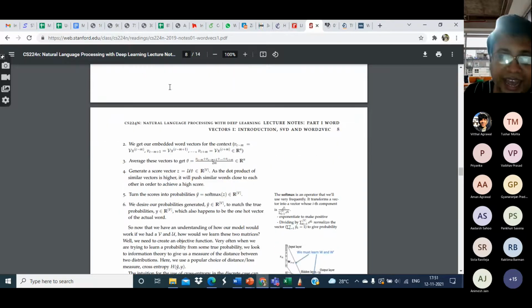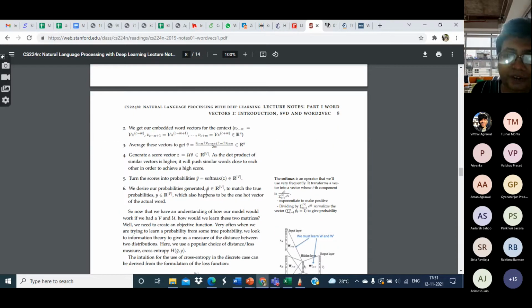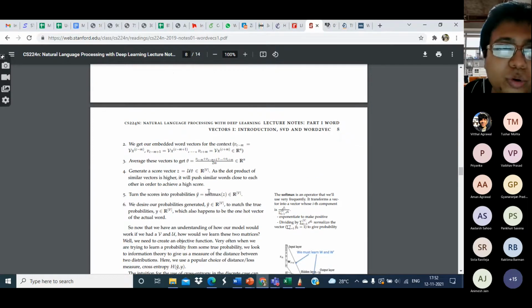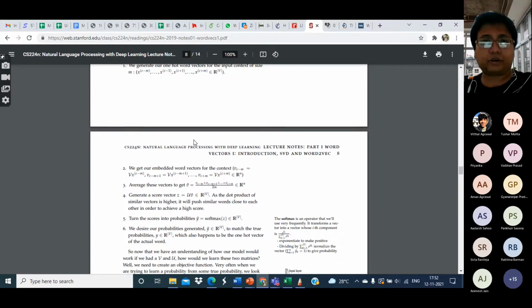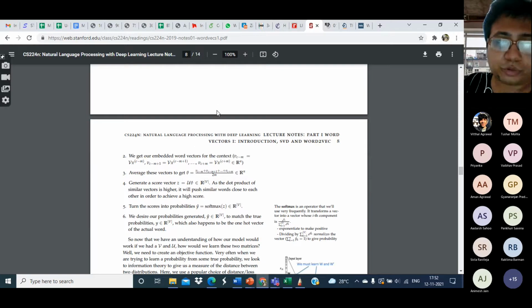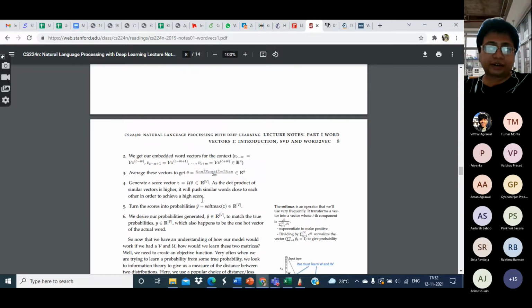So now that we have an estimate of these probabilities, I am interested in calculating the probability that this word appears in the context of XC, the target word, and that this word appears in the context of XC, and so on. All these values I want to calculate, and I can calculate them easily.